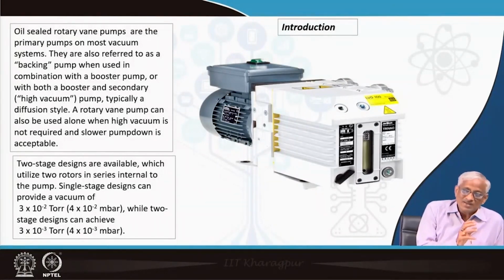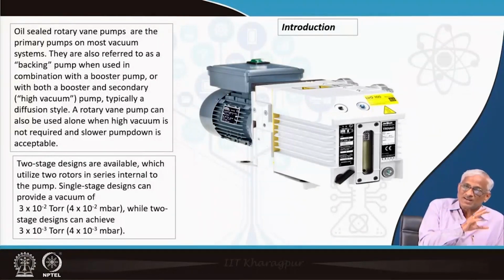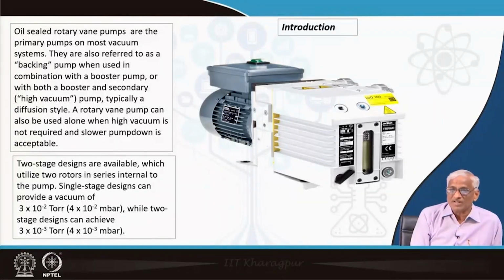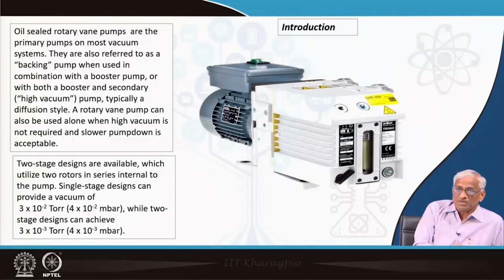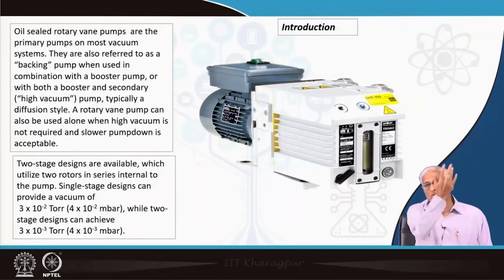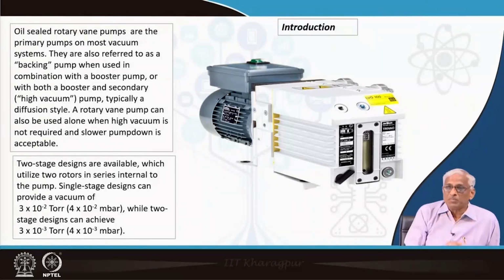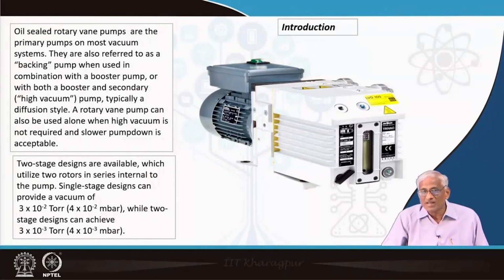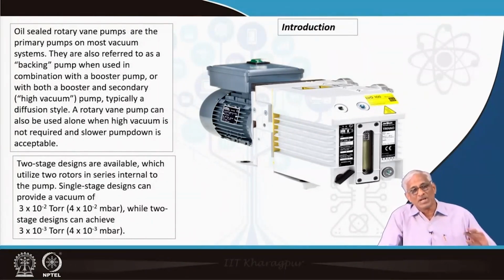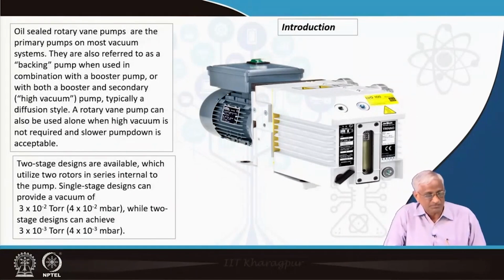So, pumps at high vacuum have different operating principles and different types of materials being used, whereas this is a medium vacuum pump, but it is 100% required even for high vacuum pumps, because somebody has to initially produce a level of vacuum from where the high vacuum pump can take over. So, the rotary pump is a base pump which produces good enough vacuum for a particular application in totality, or it can produce a backing vacuum so that the high vacuum pump starts, after which the process starts.